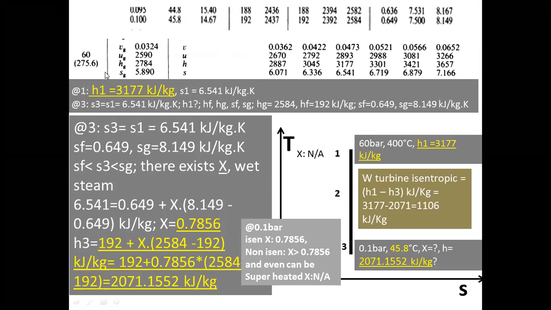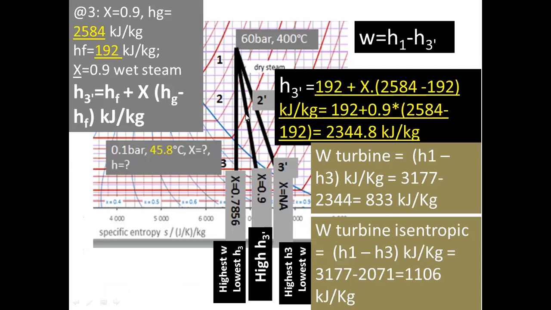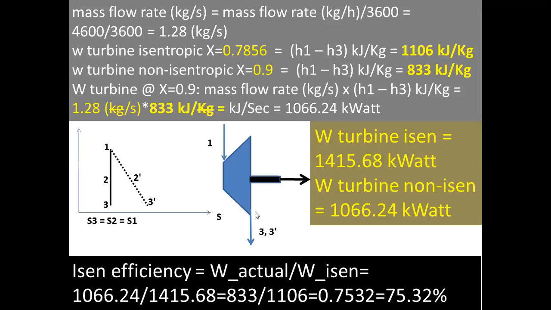See here, 60 bar, 400 degree, fourth from the right, you can see 3177. That is H1 from last week's question. Last week we worked on this. Yes, sir. Today is the analysis. Okay, sir. Thank you. So the analysis is continuing.